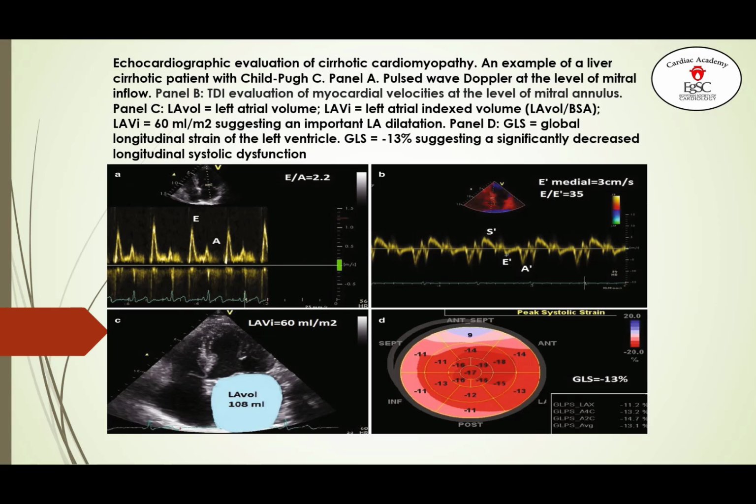And here is the apical four-chamber view showing increased left atrial volume. And this panel shows the global longitudinal strain of the left ventricle, which is markedly decreased, suggesting a significantly decreased longitudinal systolic function.